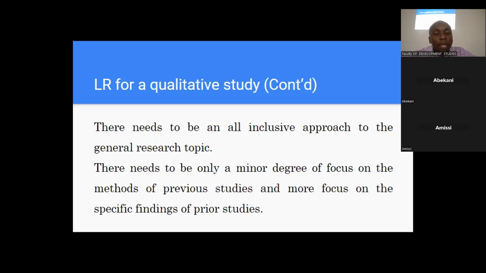They need to be an all-inclusive approach to the general research topic. So that's what I told you. Because if you go quantitative, you narrow yourself: Munyarwanda and reconciliation, the rest of the things you don't care about, because only the variables matter. You do a literature review for those two variables. But for qualitative, you are open. That's why you start with a general topic and then you have a lot of sub-themes, like democracy.